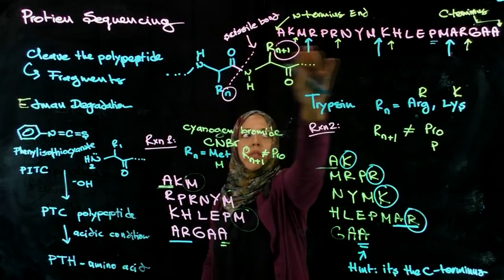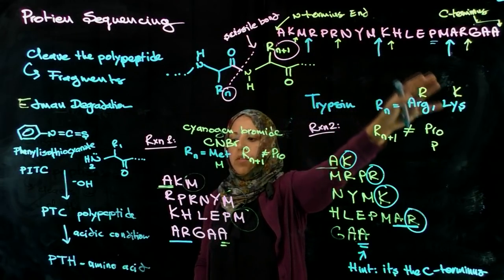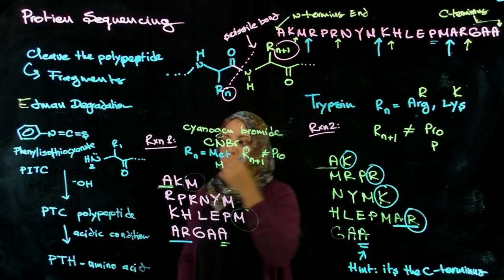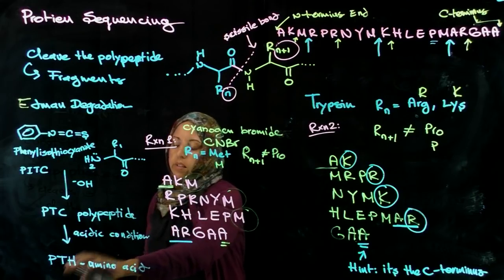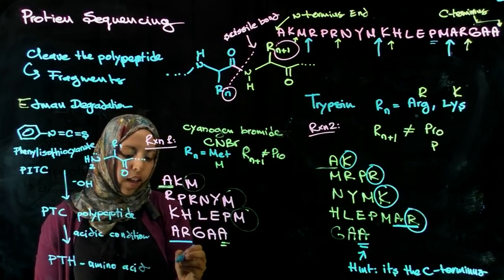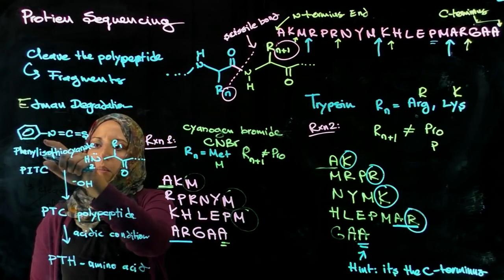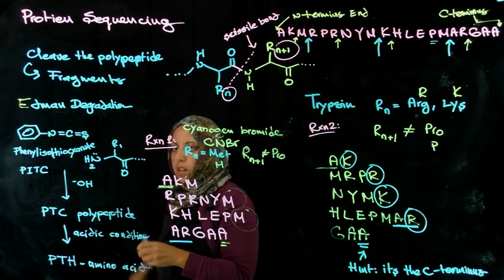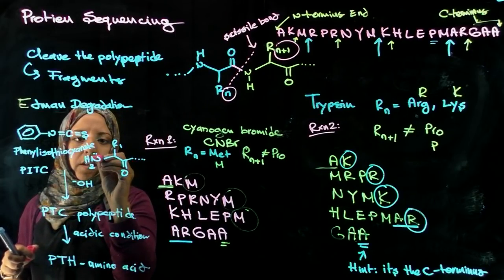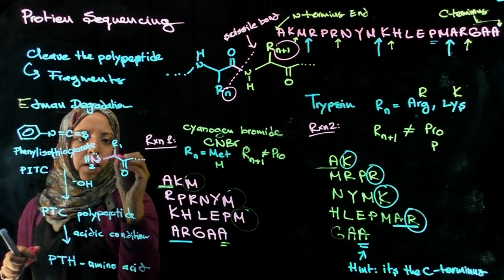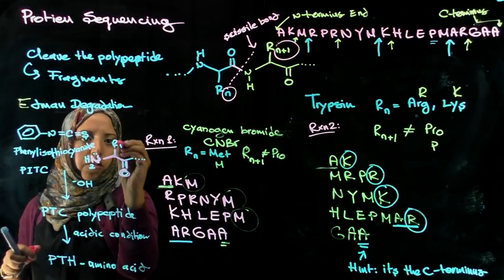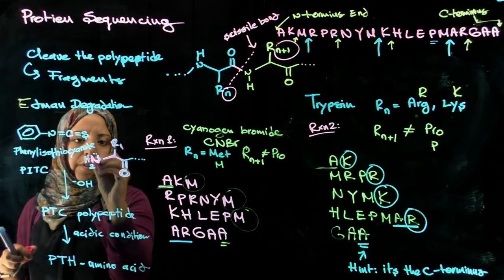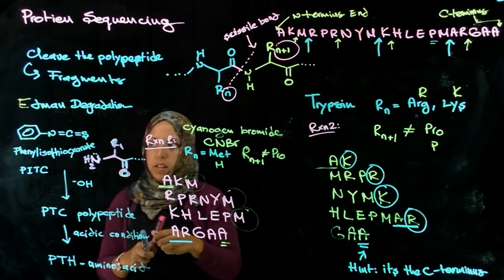It will cleave it from the rest of the peptide, but the rest of the peptide will remain intact. And how that PTH amino acid adduct forms, here's the phenyl thiocyanate, right? And I'm just going to change that peptide into pink for the sake of showing you what happens.